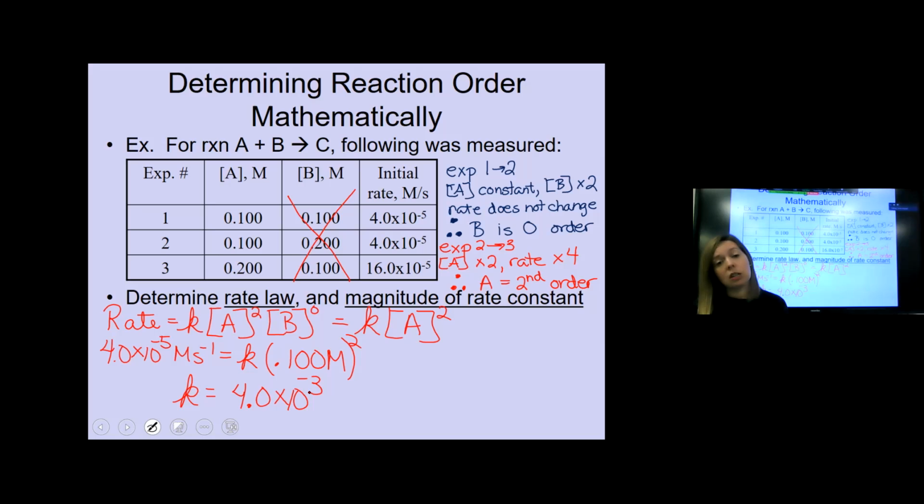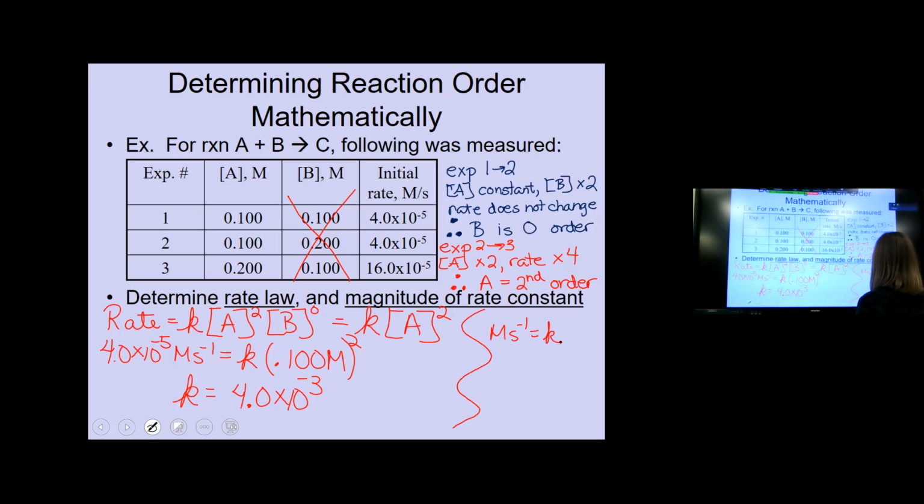Then I also need to determine the units. Personally, I like to do that off to the side. So I know my rate has to be molarity per second. And concentration is molarity, and that was squared. So I would get molarity per second divided by molarity squared, and that would give me per molarity per second.